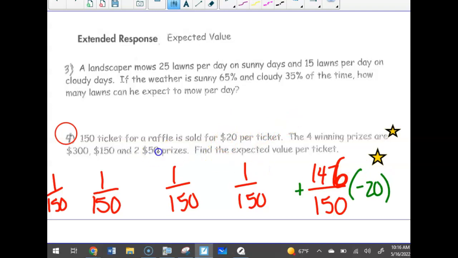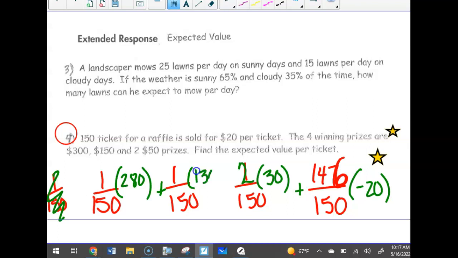The two $50 winners, well, I could make that 2 out of 150. Then I wouldn't need this. They will win $30 clear because they had to pay $20 for the ticket. The $300 winner wins $280 because he had to pay $20 for the ticket. And the $150 winner wins $130. And then we got to type all that in.